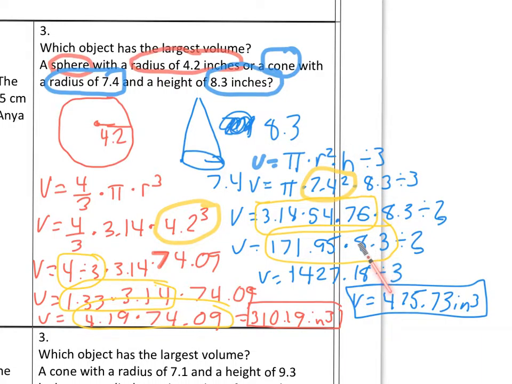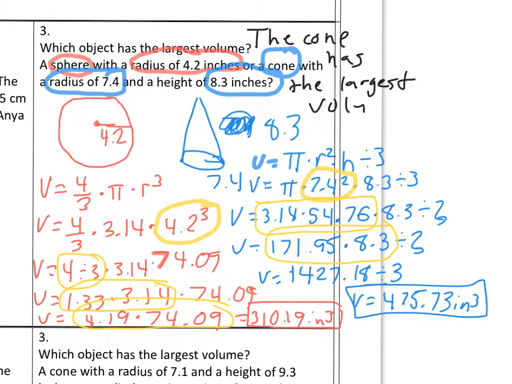The cone was larger. So, you need to answer the question to complete the statement here. I'm going to write down the cone, and you got to use a complete sentence, has the largest volume. There you go. There's a complete sentence. And I even put an exclamation mark because I just totally proved it.